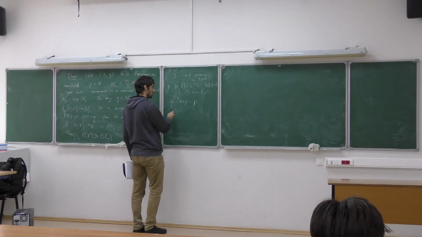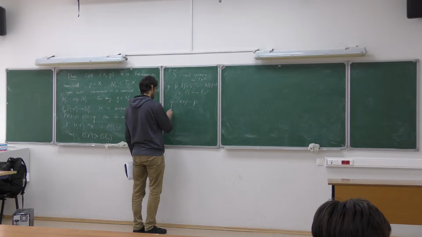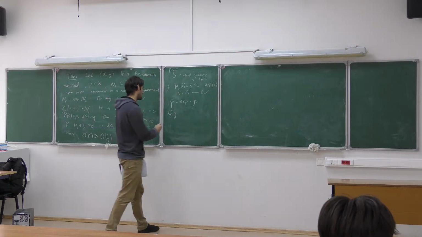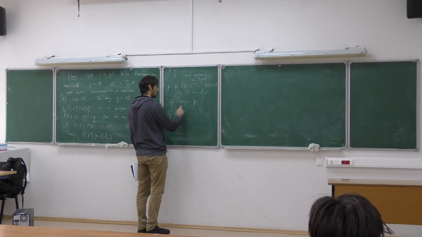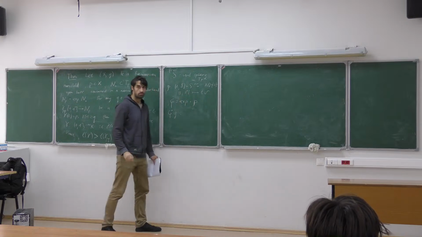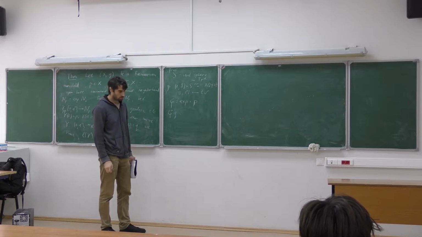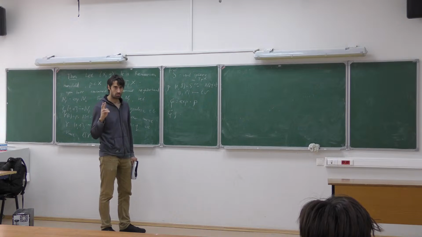Yes, and so we have the following formula: the pullback of g with respect to phi is a form here, but not a two-form, because a two-form is anti-symmetric and this is symmetric.